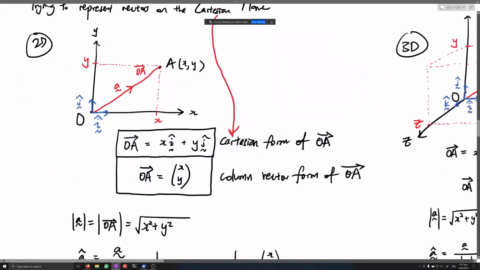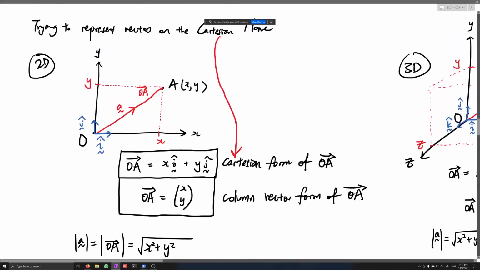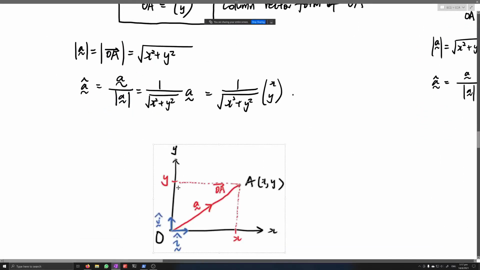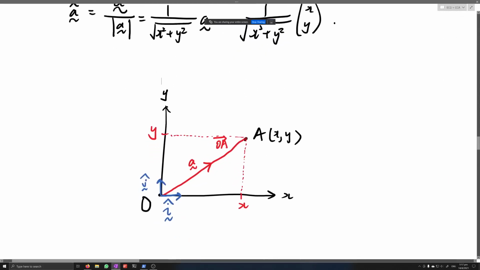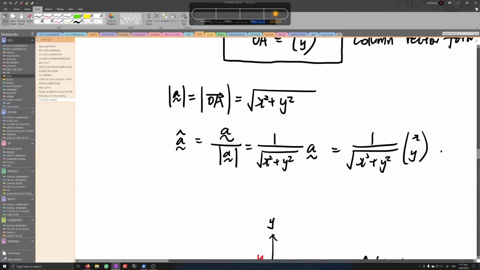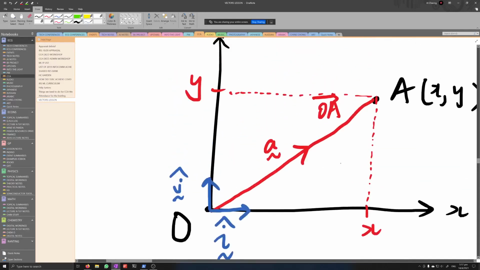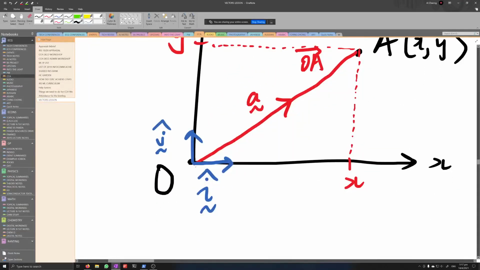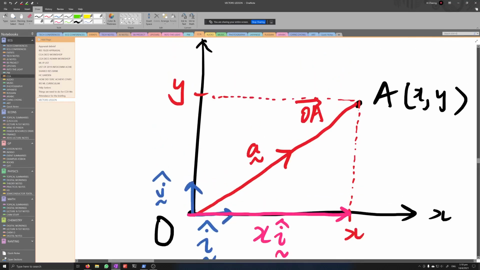So in this case, let's just copy this diagram again. Let us change color once again. Here is x times i hat, and here we have y times j hat.